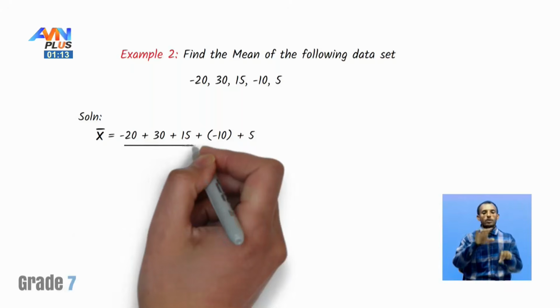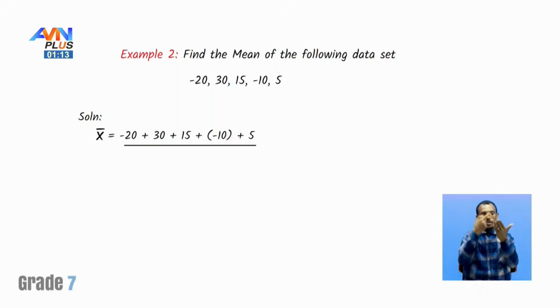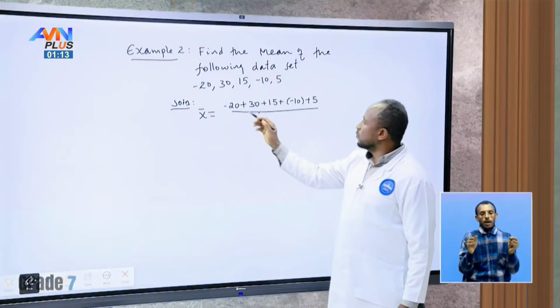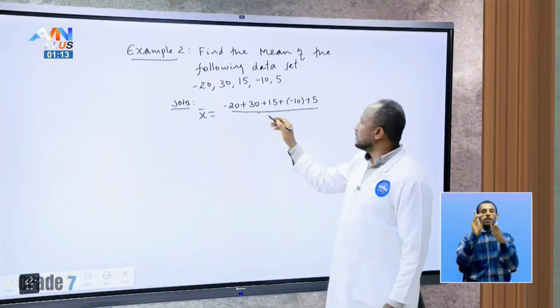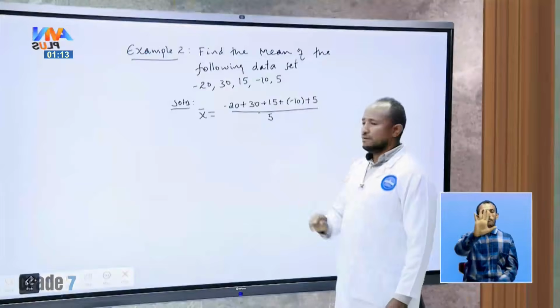You add this data set and divide by the number of data. Here you have 1, 2, 3, 4, 5 data.